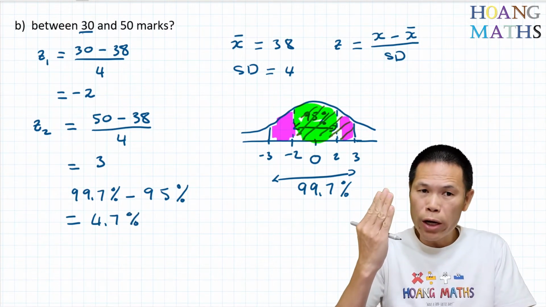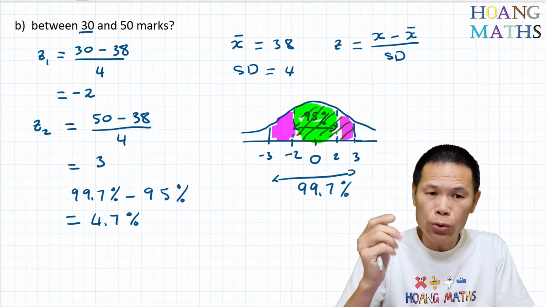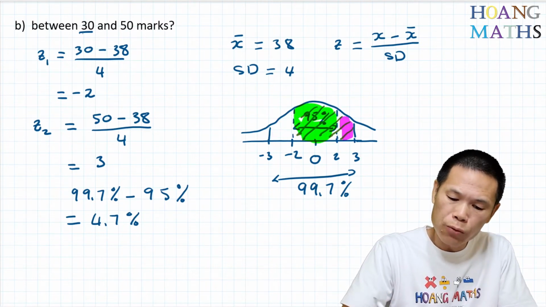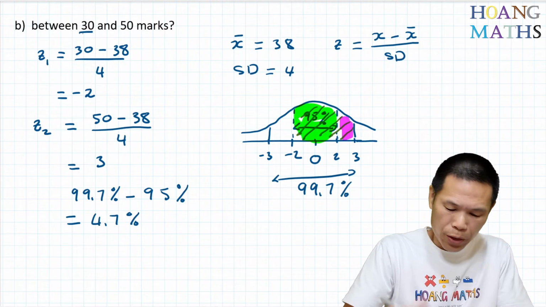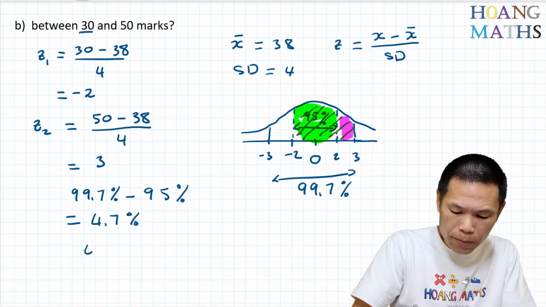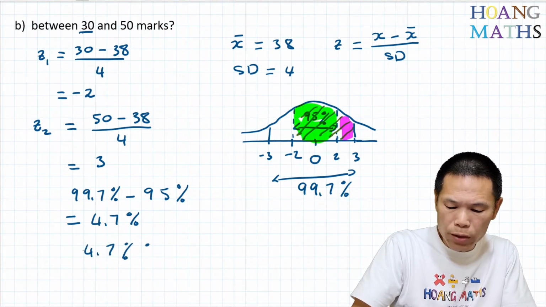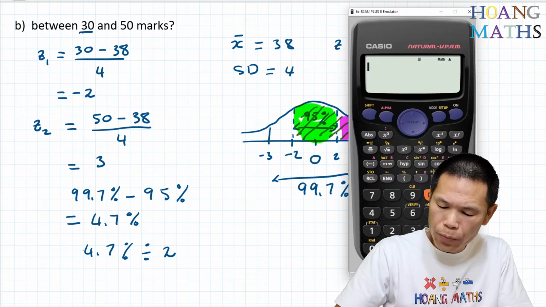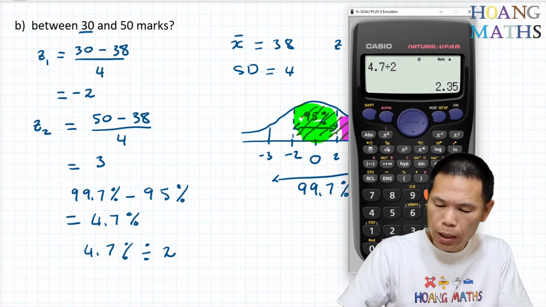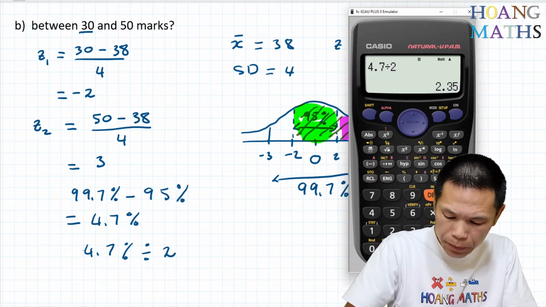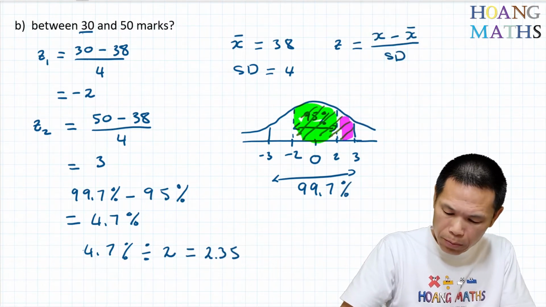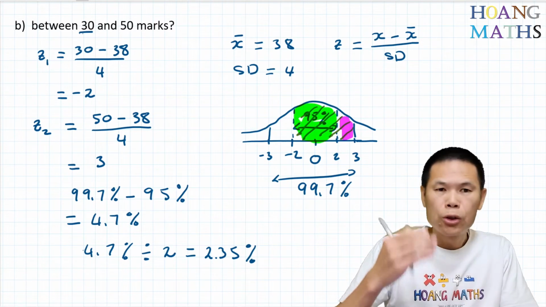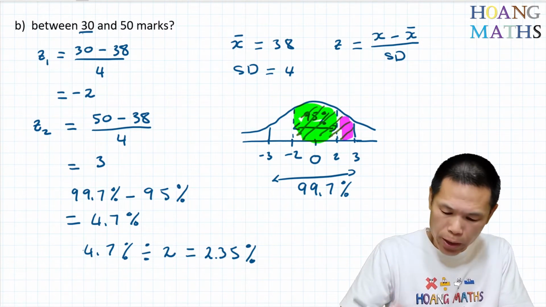But we only need to work out one. And because it's symmetrical, so we just divide by 2. This will give us just one of them. So we just go 4.7 divided by 2. So that gives me 2.35%. So now we just add these two areas together.